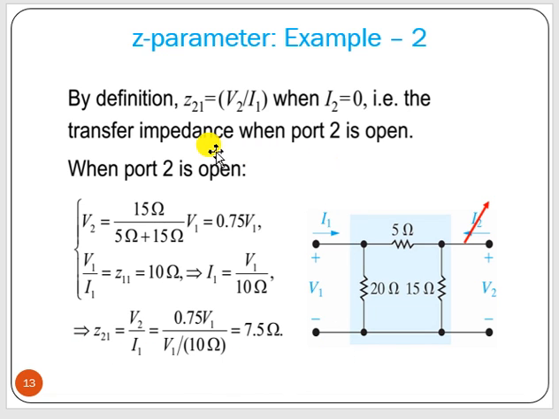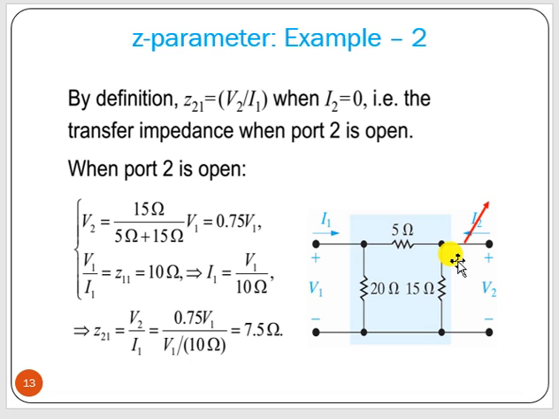Now next the parameter Z21, that is V2 by I1 when I2 equal to 0. If you want to find out Z21, I2 equal to 0, then V2 equal to what? V2 is nothing but across this point is V1. So V1 is divided across these two resistors.